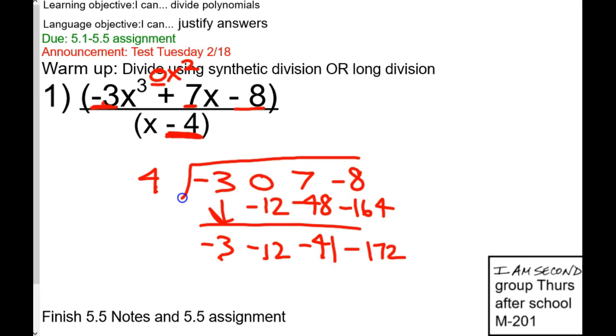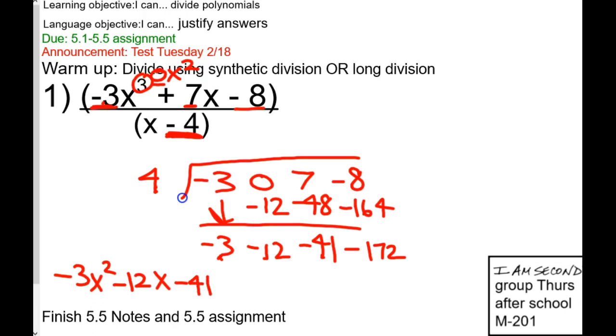Now, if you can do that, that's partially going to give us our answer. We just have to remember, we started with x to the 3rd power. We have to go down 1 power. So now it's going to be to the 2nd power. So this first coefficient will be for x squared. Second coefficient will be for just x. Third coefficient will be by itself. It's a constant.